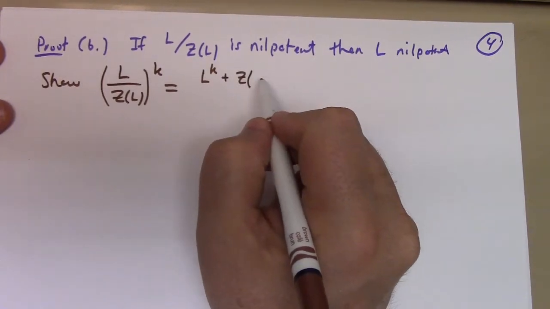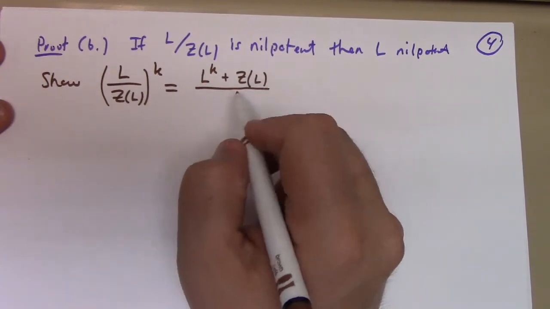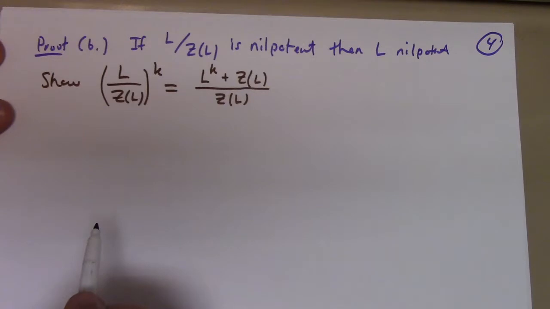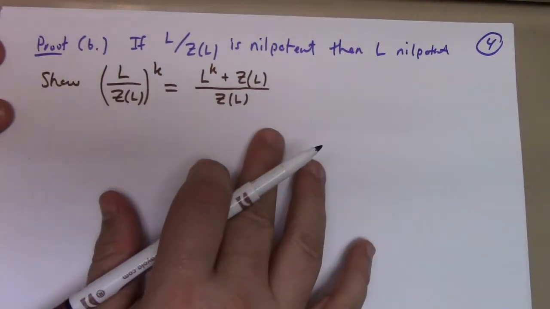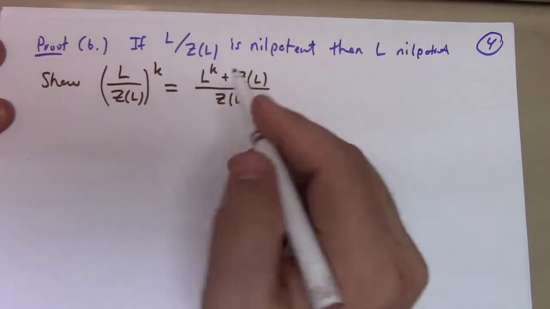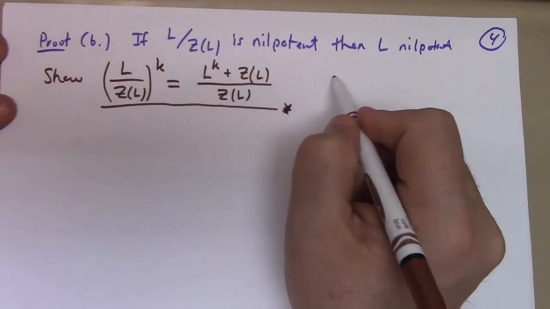But he probably means equals here. At least they're both quotients, so there's hope about the equality. Now, if we can show this, I do agree with his follow-up. Let's take this as an identity, star, for a second.